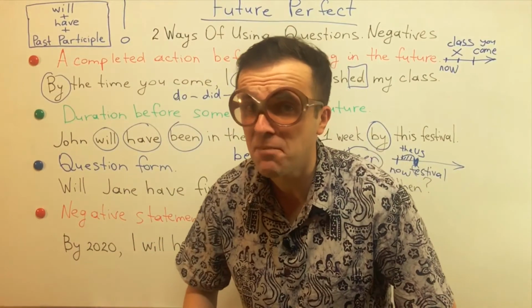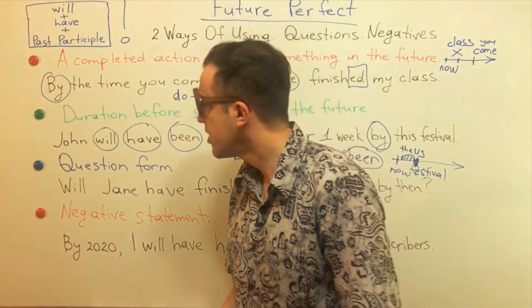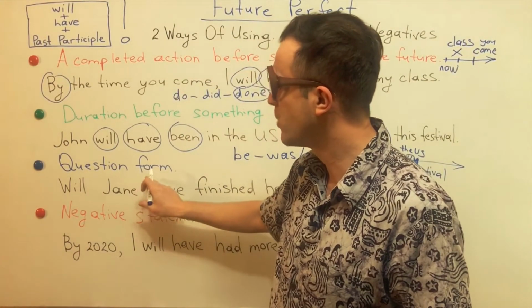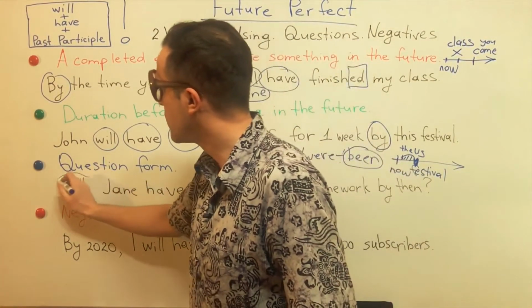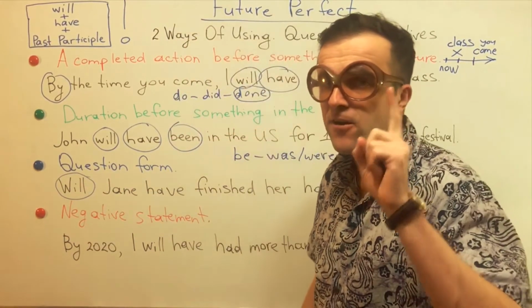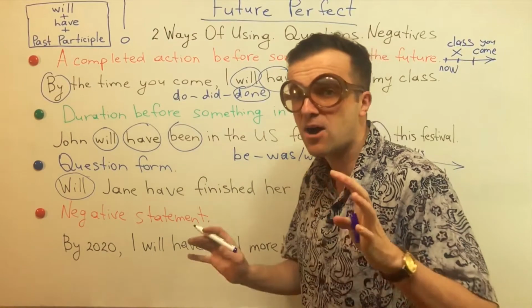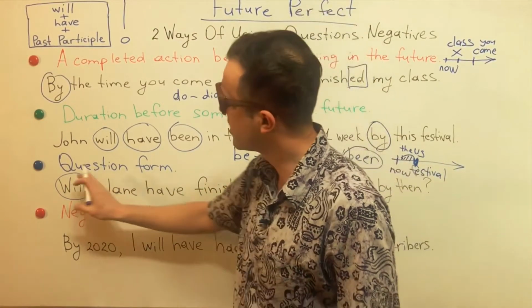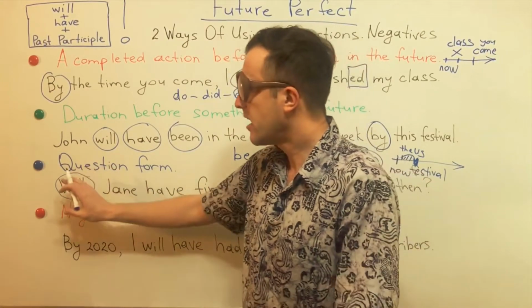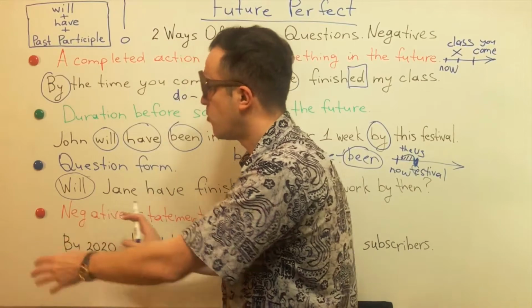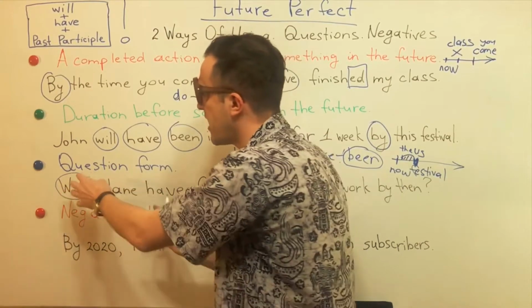How can you make up a general question? You just put will, so here we had will, and will we put in the first place. Only the first element of the compound predicate. The compound predicate is will have finished. So only one element we put at the beginning. So we change the places.